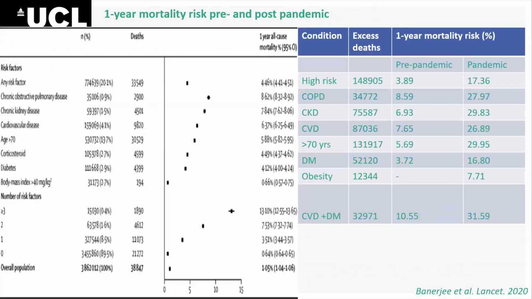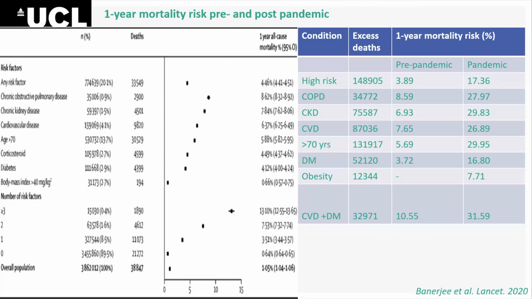So on the left-hand side is a figure from our Lancet publication just about baseline risk in a CPRD cohort. So we looked as much as we could at the same risk factors in the TRE data.